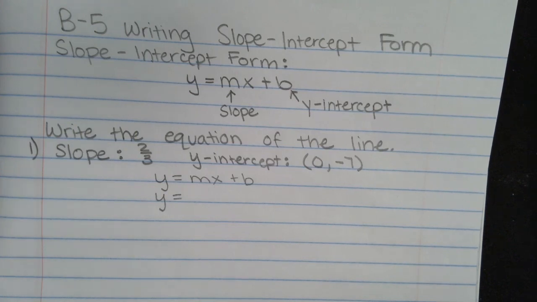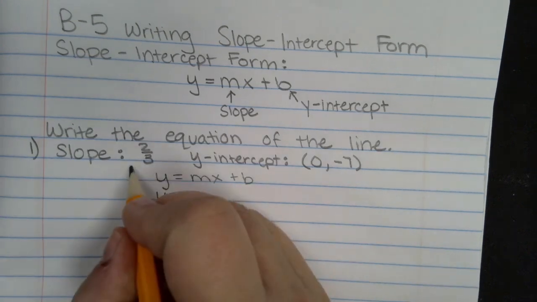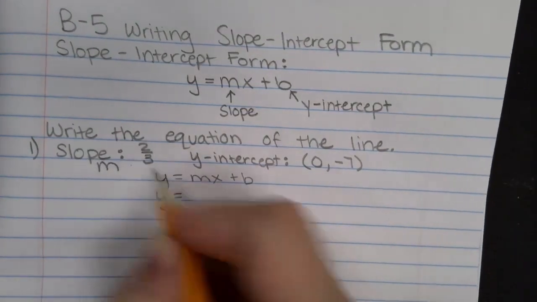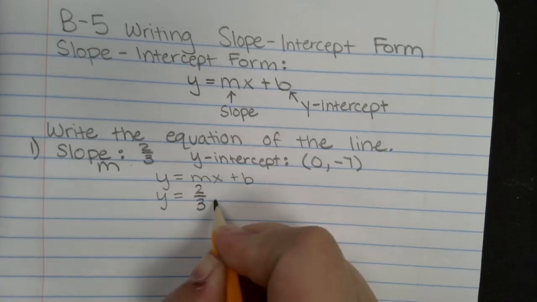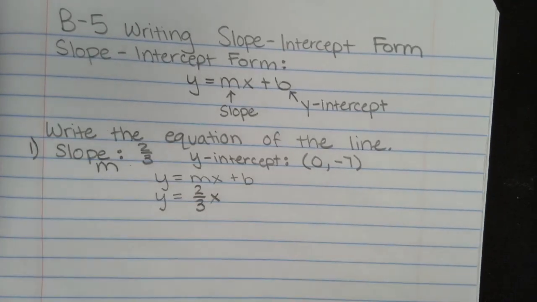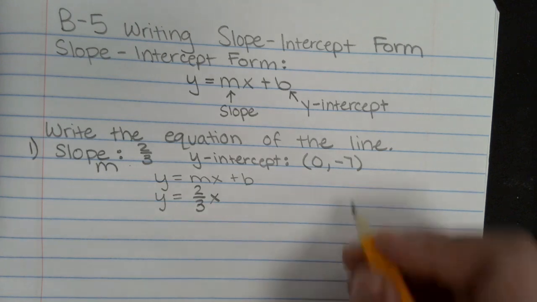All right, so what does m stand for? Slope. So our m is 2/3. So instead of m here, I'm going to put 2/3. And that x goes right next to it, next to that fraction line. Okay, and what does b stand for? Y-intercept.